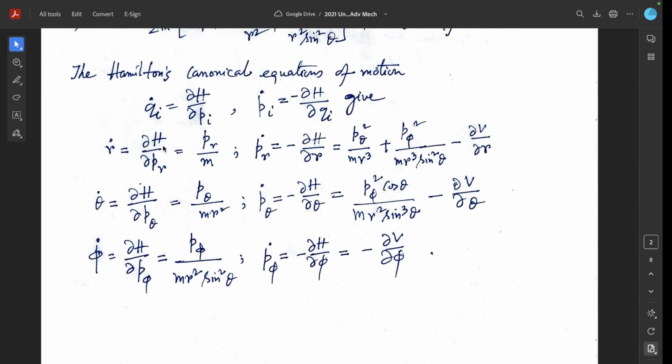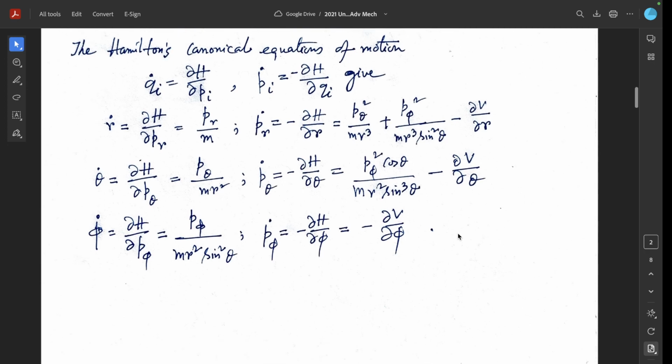So we get 6 canonical equations of motion for this Hamiltonian.